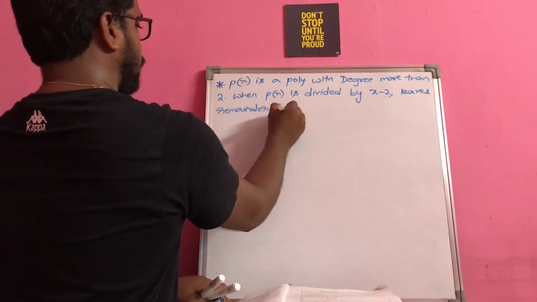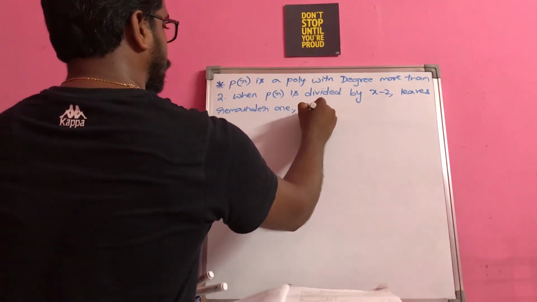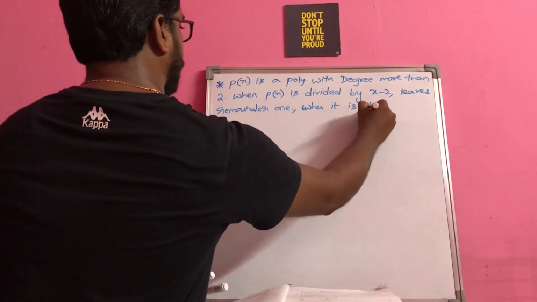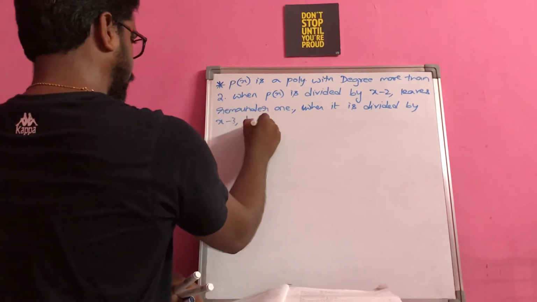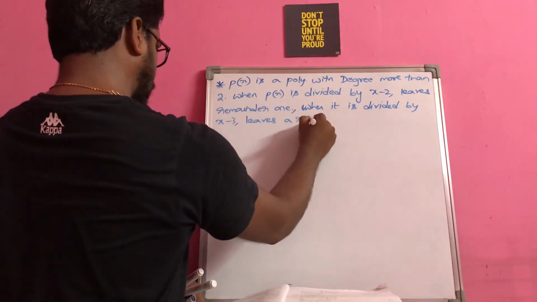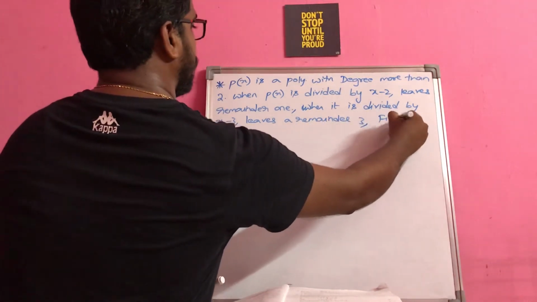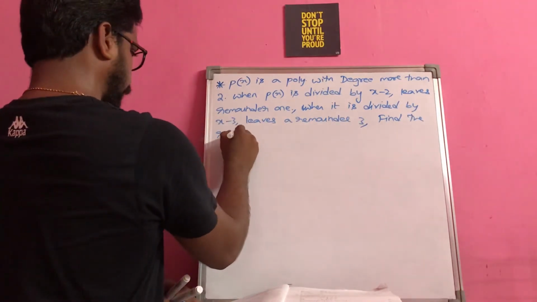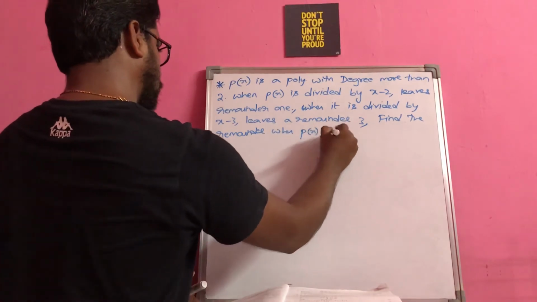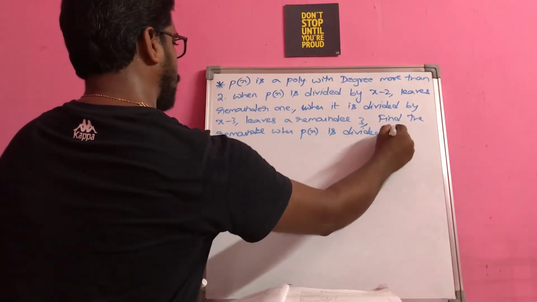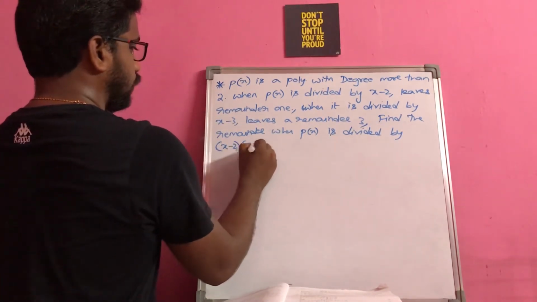So, when it is divided by x minus 3, it leaves a remainder 3. Find the remainder when p of x is divided by x minus 2 into x minus 3.